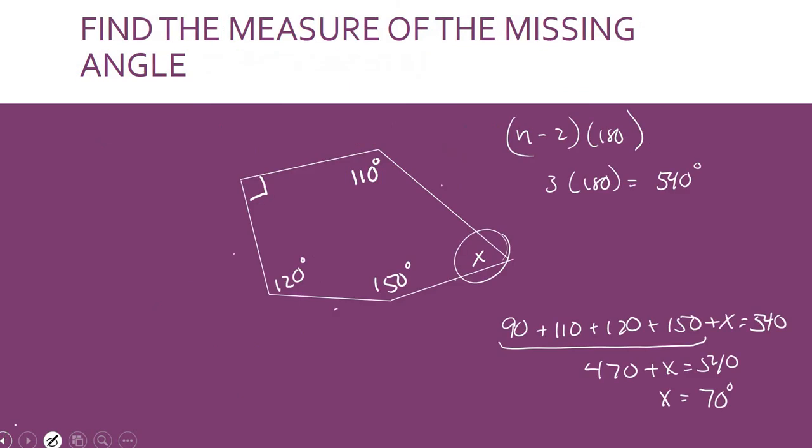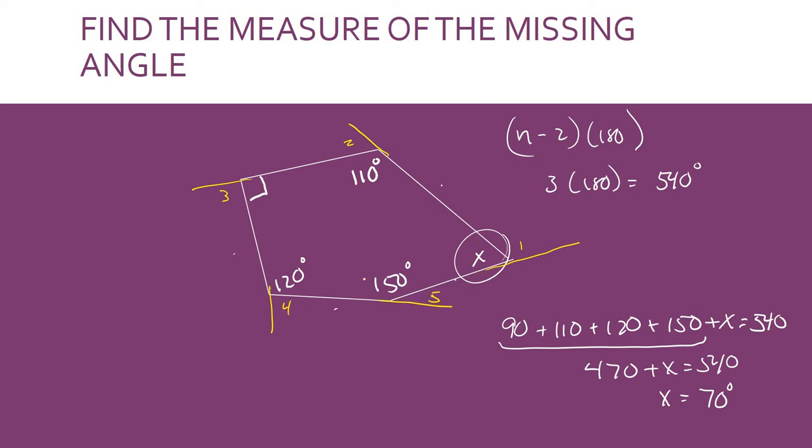All right, let's go back to our last diagram. So I'm going to use a different color ink, and I'm going to draw some exterior angles. So I'm going to draw this one here. I'm going to draw this one here, this one here, this one here, and this one here.